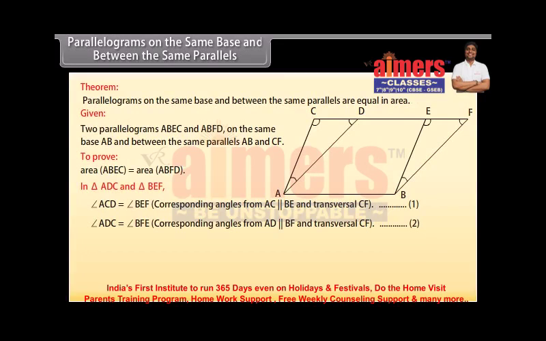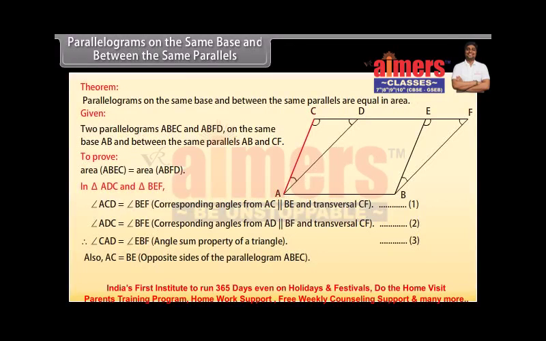Mark it as 2. Therefore, angle CAD is equal to angle EBF, angle sum property of a triangle. Mark it as 3. Also, AC is equal to BE, opposite sides of the parallelogram ABEC.